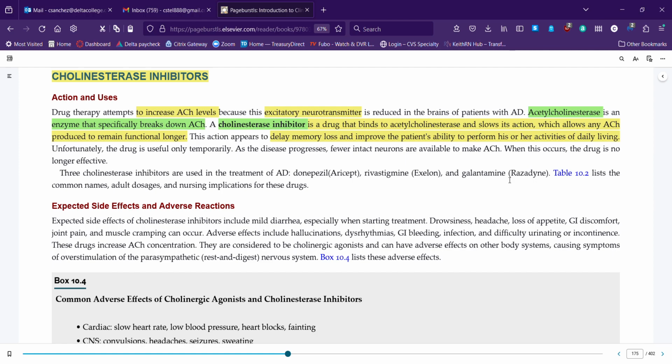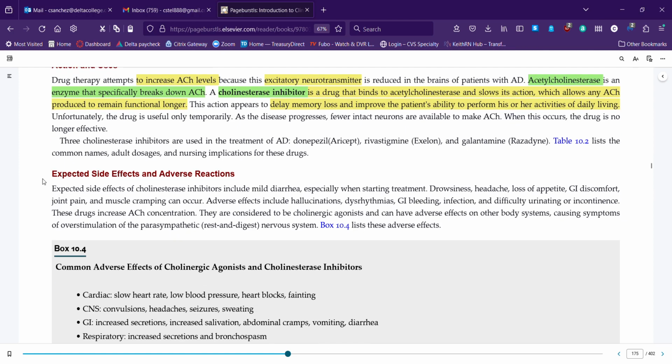Okay, and then the generic for that one is going to be galantamine.